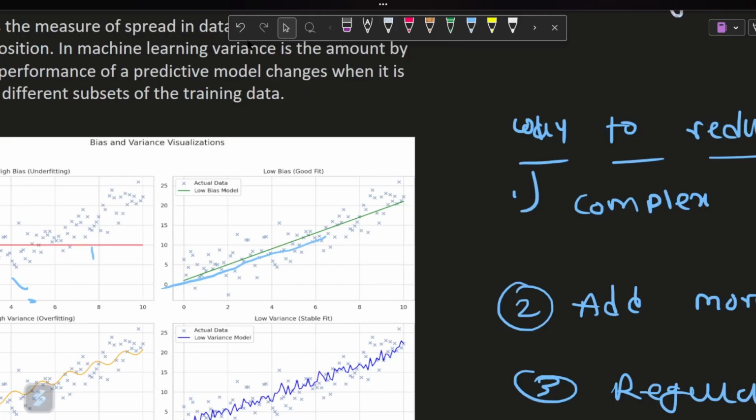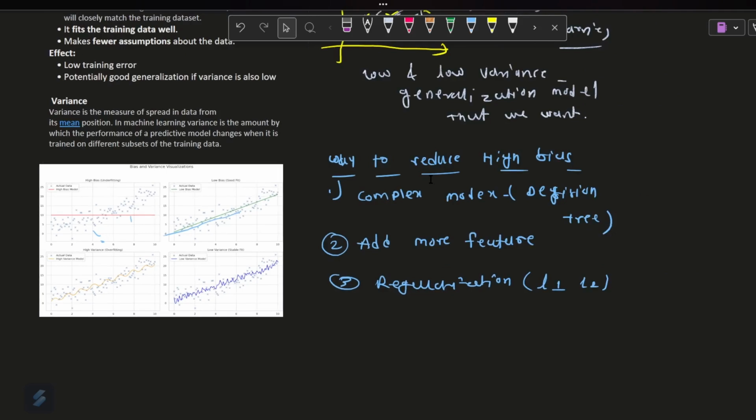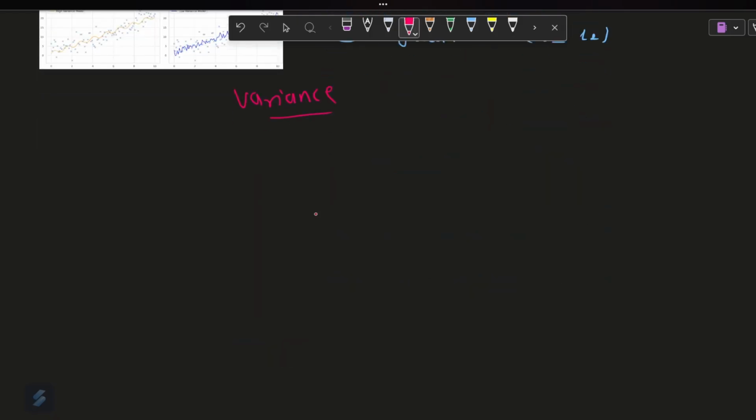Similarly, one more concept that we will understand in that particular video is the variance. Variance is basically a spread of data.